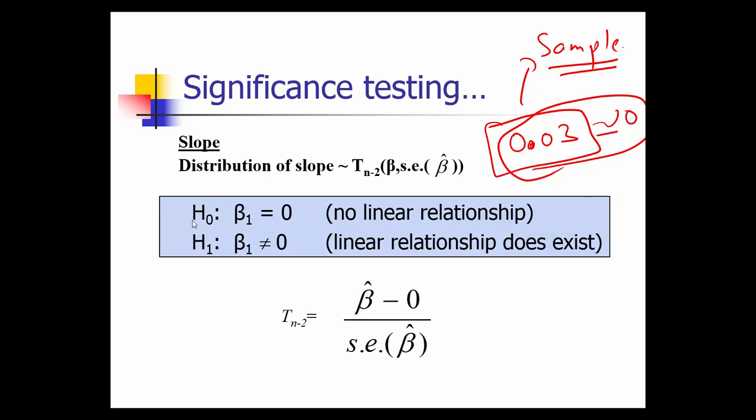So basically the null hypothesis says that beta 1, the slope, is 0, otherwise it is non-zero. When it's 0, there is no linear relationship between y and x, and when it's non-zero, there is some linear relationship.